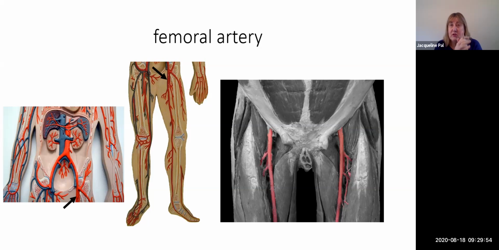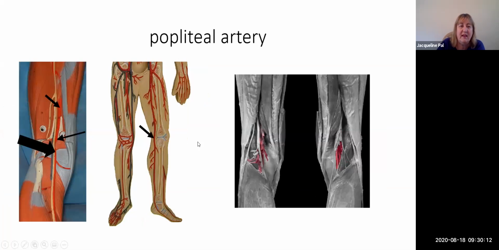Drawing your attention to anatomy you learned when you learned about muscle. In the adductor magnus muscle, there was that huge adductor hiatus, and the femoral artery will, as it moves distally, pass through that adductor hiatus and end up being a posterior knee structure.